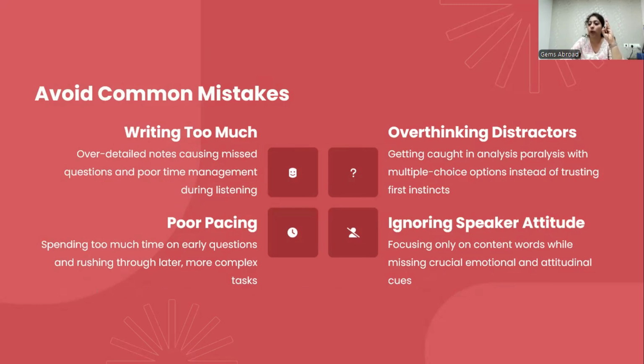The second quick tip is to use the first listening to get the general idea and the second listening to focus on the details. Third, don't leave any blanks because there is no negative marking. So fill it in, because there is no negative marking.